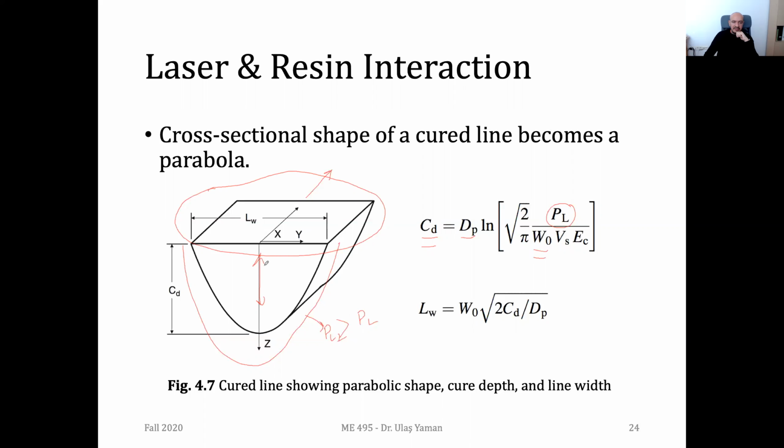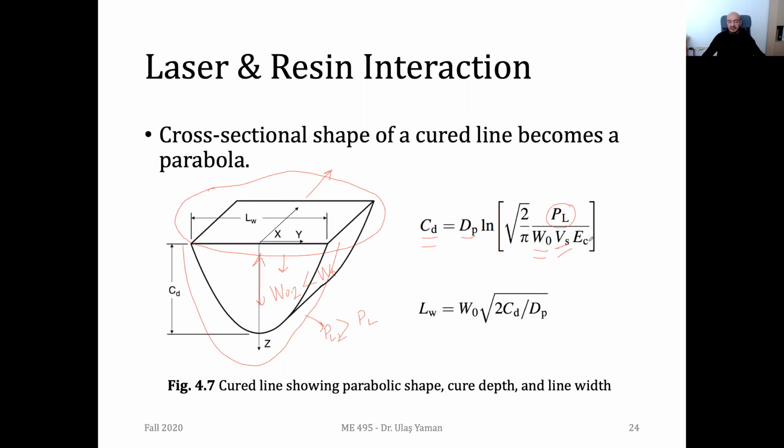And this is a thing for, let's say, W0, let's say W02 is larger than W0. Okay. This is it. What about the speed, the scanning speed? It has a similar effect like the beam radius. And if you go faster, obviously, then that means you will be curing less amount of material and CD will be decreased once again.